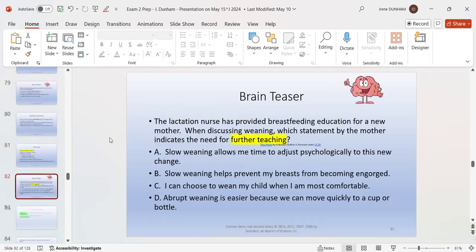Let's see here. So this one's a good question because this one says the need for further teaching. So the lactation nurse has provided breastfeeding education for a new mom. When discussing weaning, which statement by the mother indicates the need for further teaching?